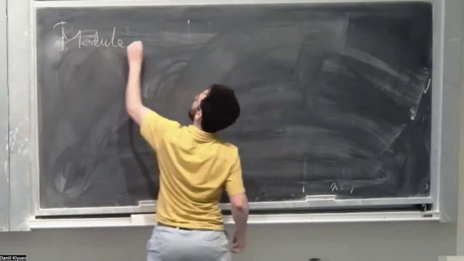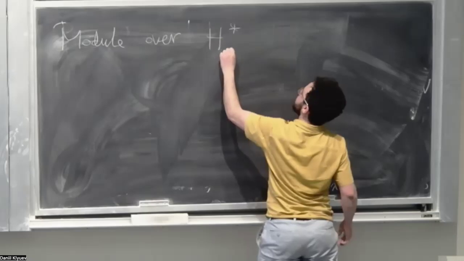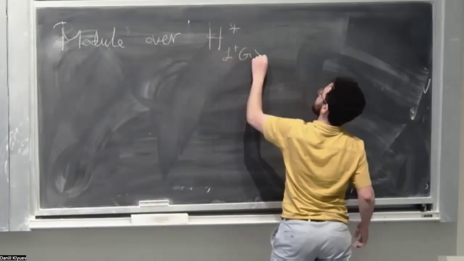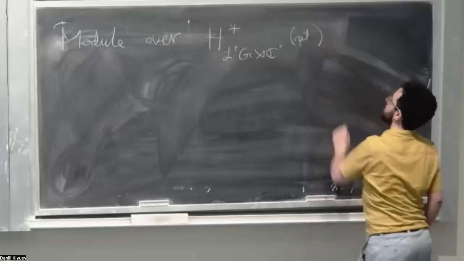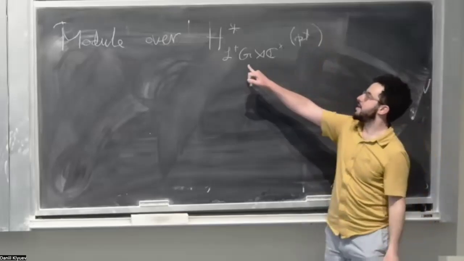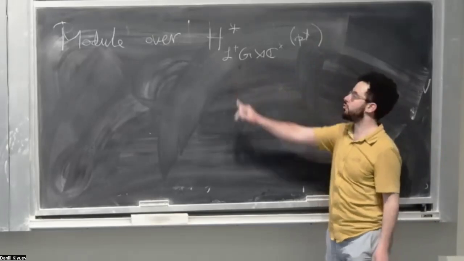Model over G, which is now a point. So same computation as before: the positive powers of T do not contribute anything.